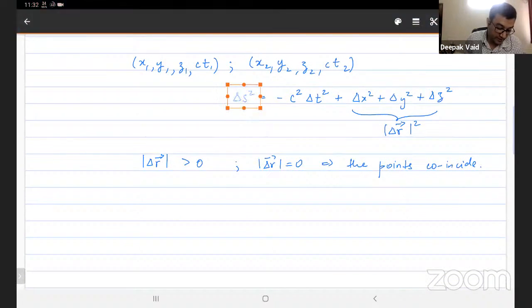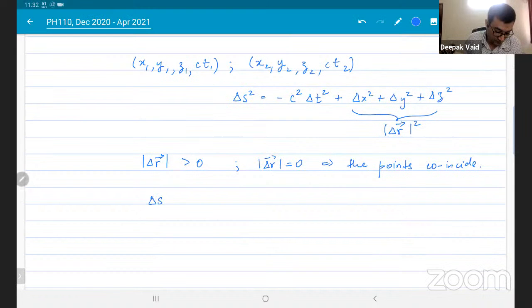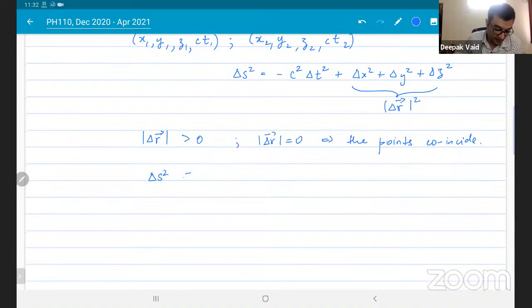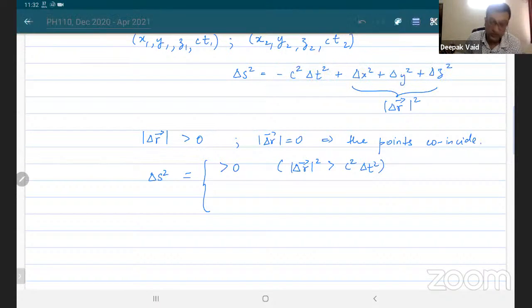But now you look at this delta s squared. Delta s squared can be greater than 0, right? If delta r squared is greater than c squared delta t squared, right? If this part is greater than this part? So these are squares.